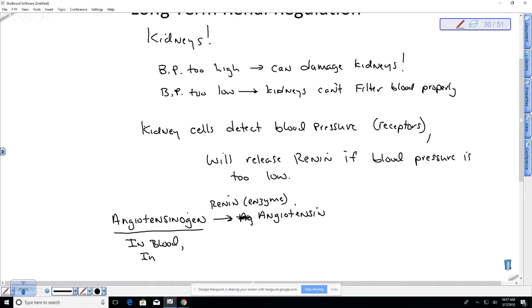Anytime you see inogen, that generally means it is the inactive form of something. The angiotensin is in the blood and it is active. And the angiotensin causes what?